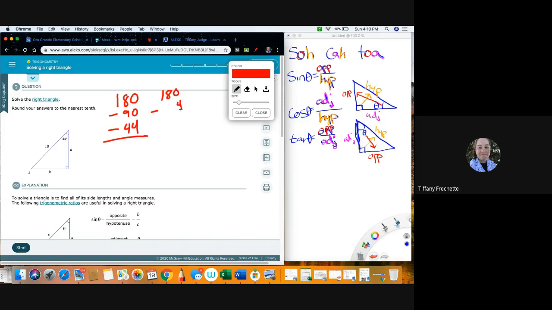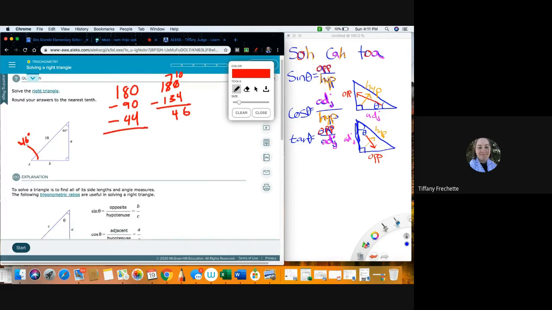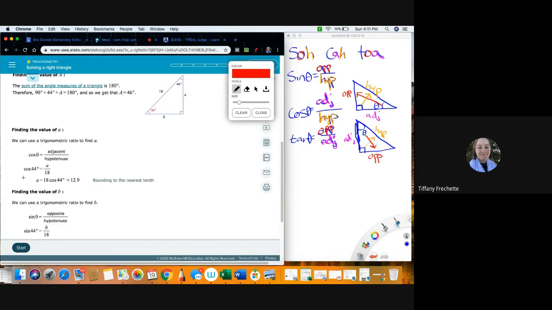If I combine 90 and 44, I get 134, and I can subtract that a little easier this way. So I get 46. So this is 46 degrees, which I do believe if we scroll down, that's exactly what they had here, 46 degrees.